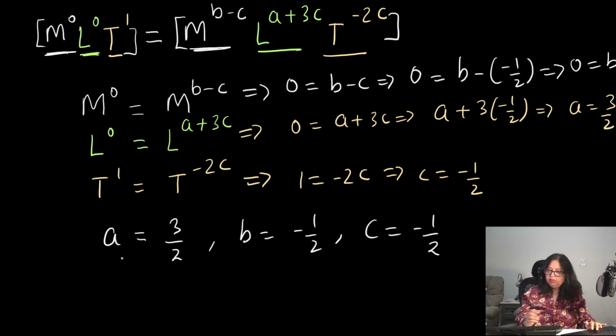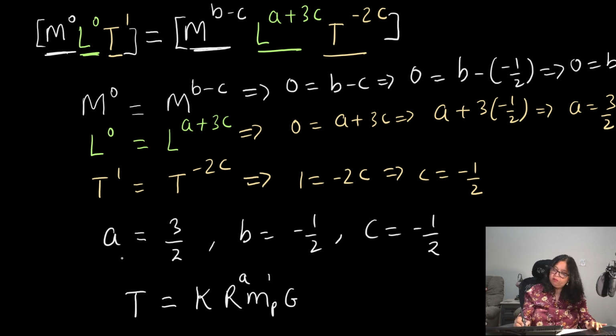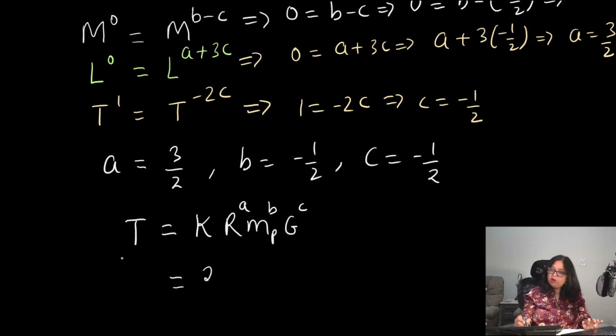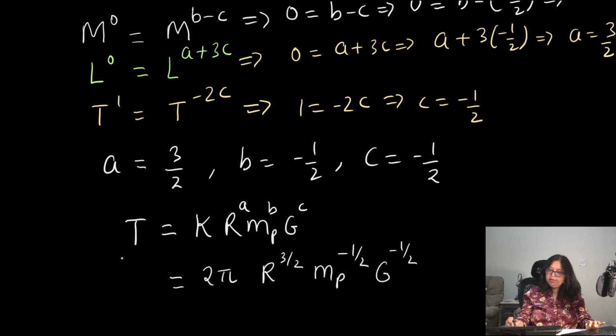What was our equation? It was T equals K times R, M_P, and G, and the powers were A, B, and C. They were in alphabetical order. So what do we get? K happens to be 2 pi again, believe it or not. 2 pi, R to the power 3 halves, M_P to the power minus 1 half, and I have G to the power minus 1 half.